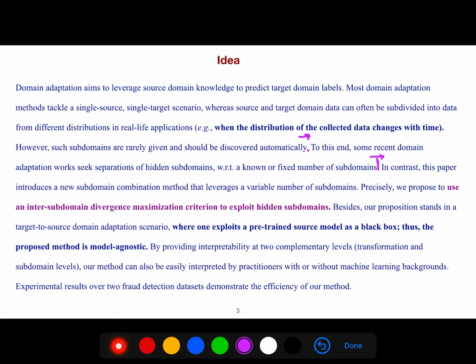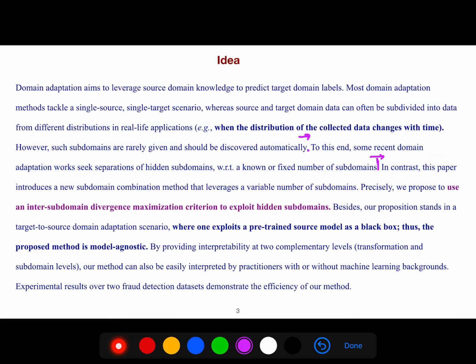In contrast, this paper introduces a new subdomain combination that leverages a variable number of subdomains. Precisely, we propose to use an inter-subdomain divergence maximization criterion to exploit hidden subdomains. Besides, our proposition stands in a target-to-source domain adaptation scenario where one exploits a pre-trained source model as a black box.